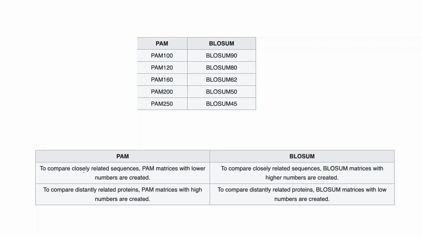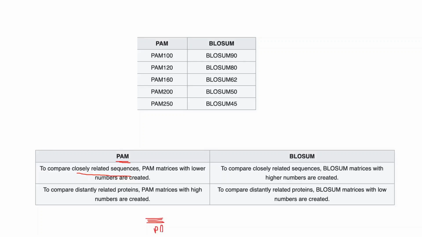When you are comparing closely related sequences, you know the two sequences are close but not how close, you use the PAM matrix. The lower the PAM, suppose your two sequences are very identical to each other, you use PAM 1.